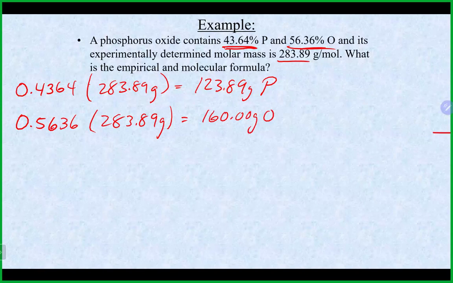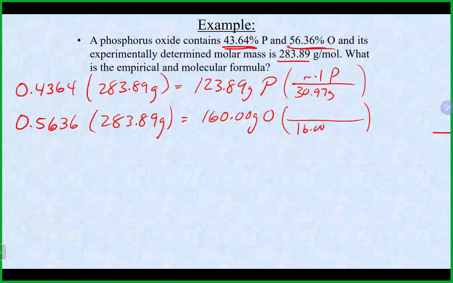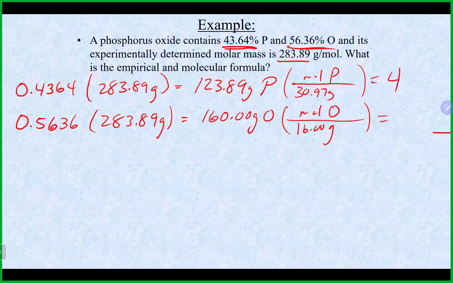Now that you have it, you can divide it by the molar mass of each of these elements, which is 30.97 grams per mole for phosphorus and 16 grams per mole for oxygen. That's going to give you a 4, and a 10 when you do that.